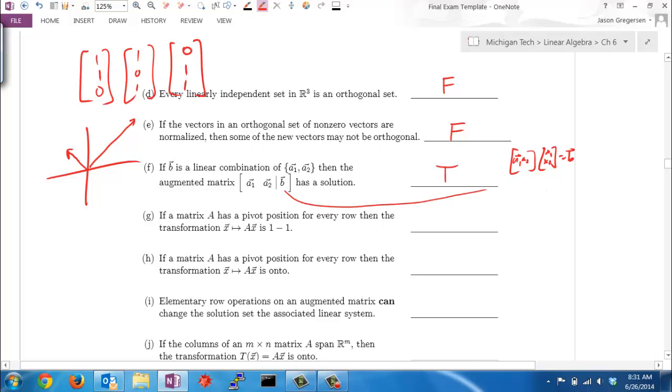It's also the same as, if I think of the multiplication here, this vector equation. If I think about what that vector equation is telling me, it's saying some number of this vector plus some number of this vector gets me B. It's saying B is a linear combination of two vectors. So those really just mean the same thing.